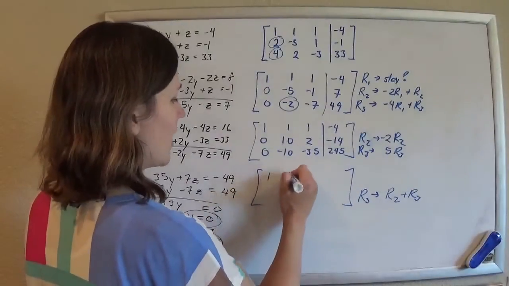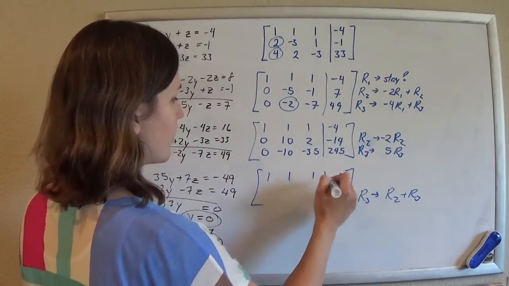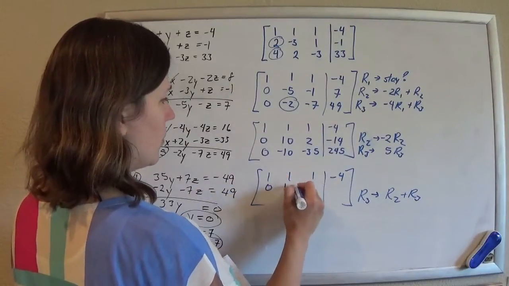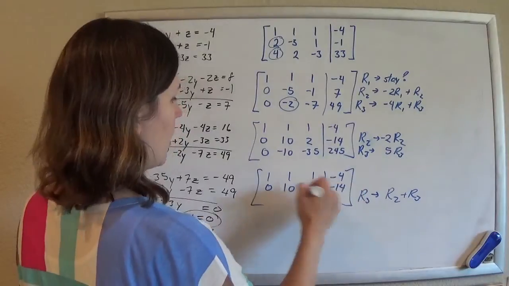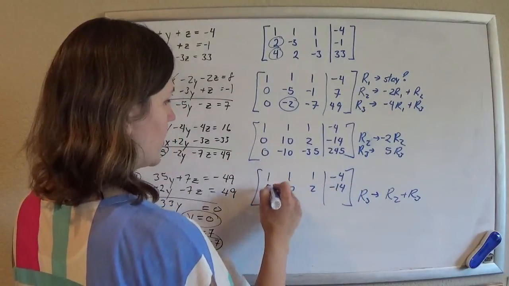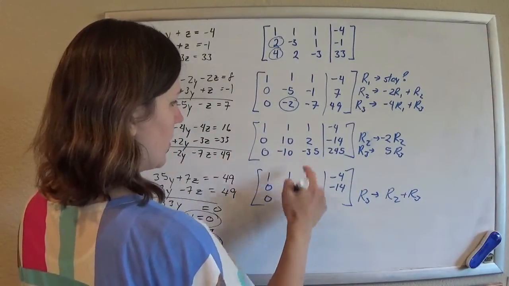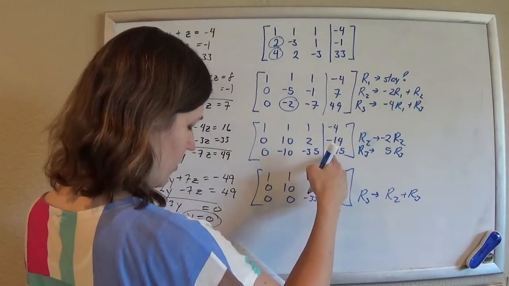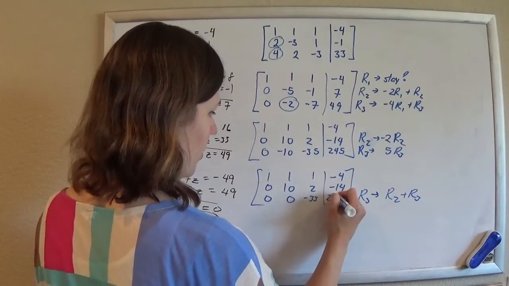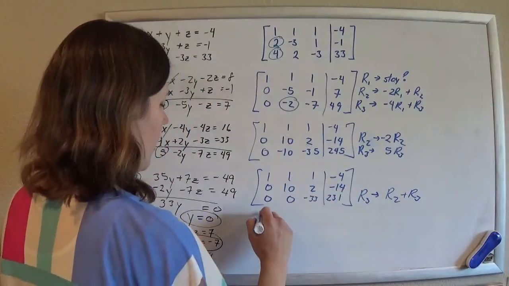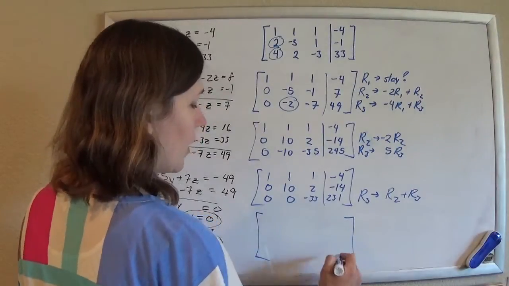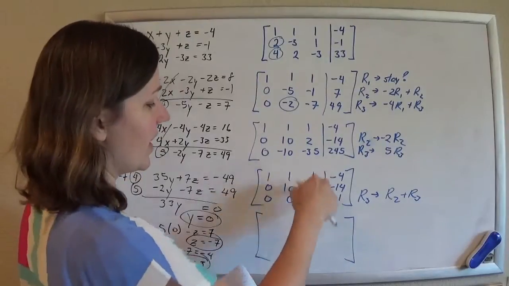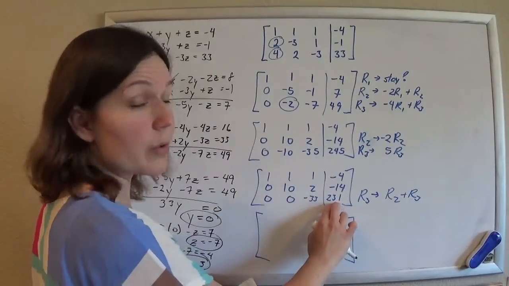So the top is staying put, and even the second row will keep the same, and then this one we'll just do 0 plus 0 is 0, that plus that is 0, 2 minus 35 is -33, and -14 plus 245 is 231. Alright, so now we basically know that -33z equals 231.